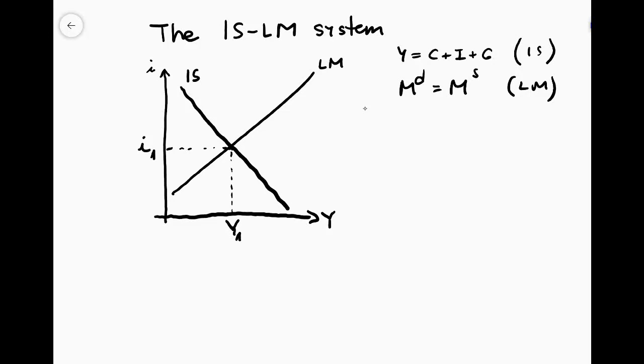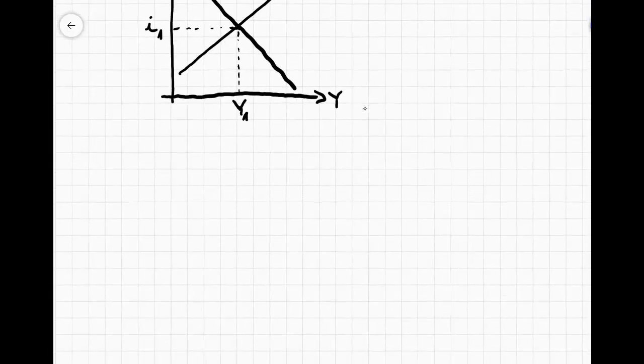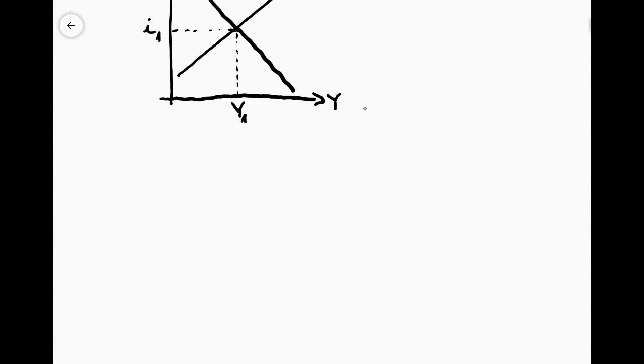So what would happen in the economy if there is some change in one of the main variables in the economy? So let's see then certain shocks in the real market, so the goods market, the real side of the economy. We are going to assume that there is an increase in the public spending. So there is now a fiscal expansion in the economy.